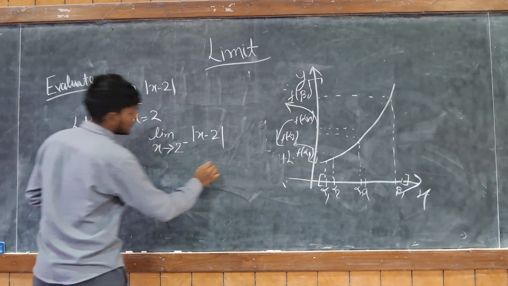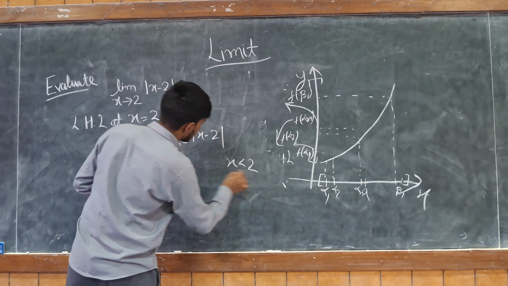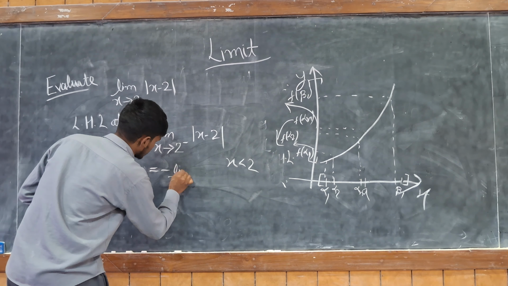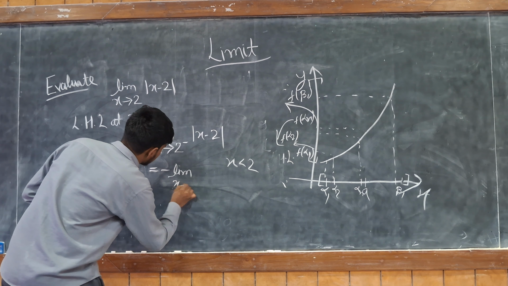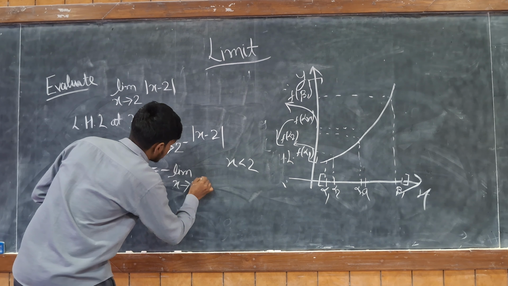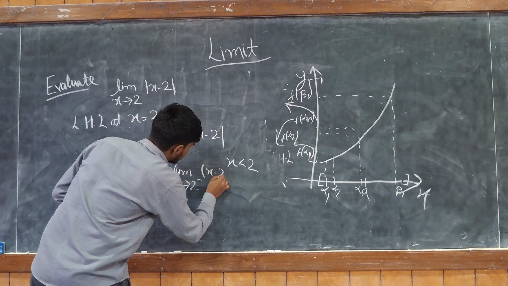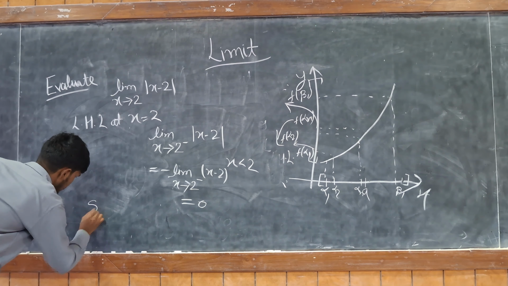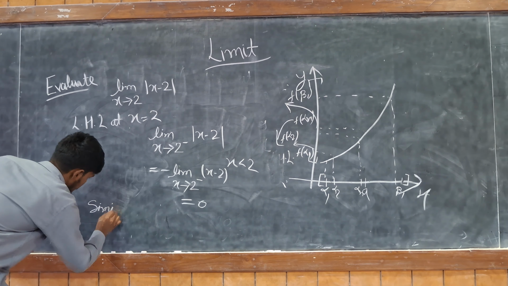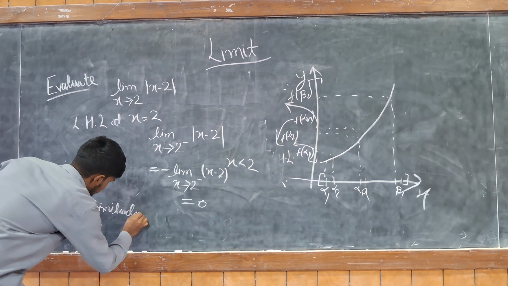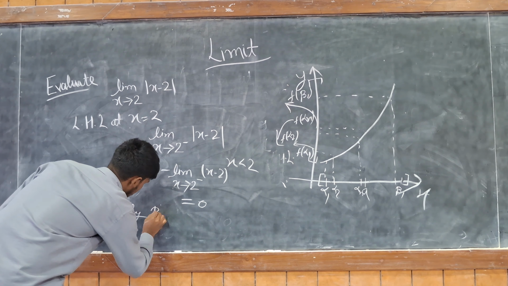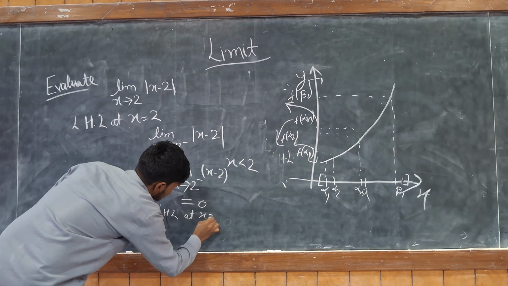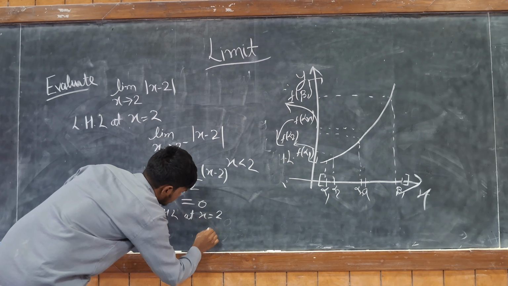Here the value of x is less than 2, so by the property of mod we can write it like this: minus of limit of x tends to 2 minus of x minus 2, which goes to 0. Similarly, the right hand limit at x equal to 2 is 0.